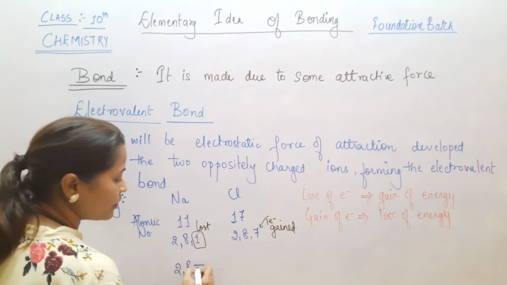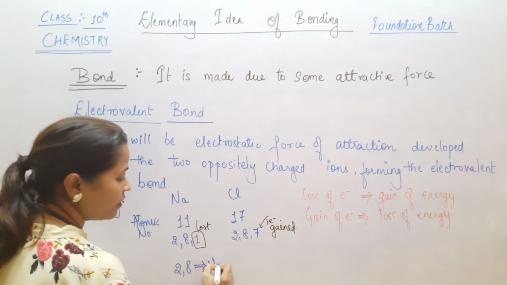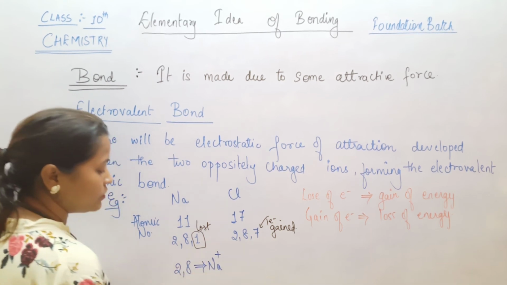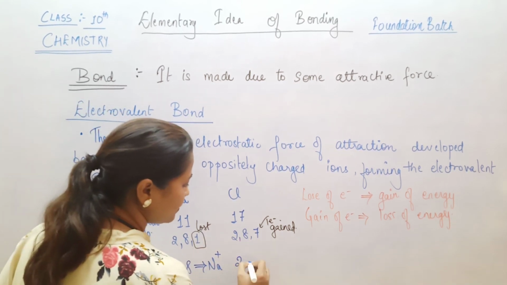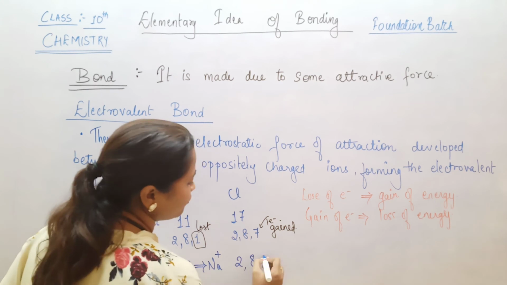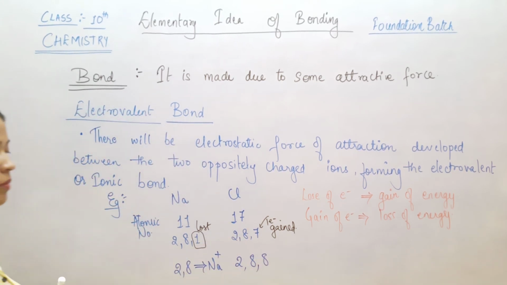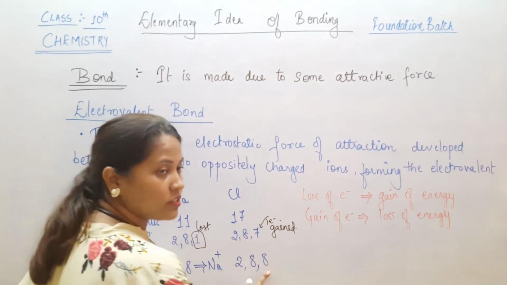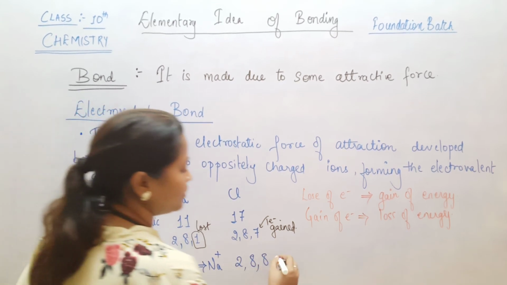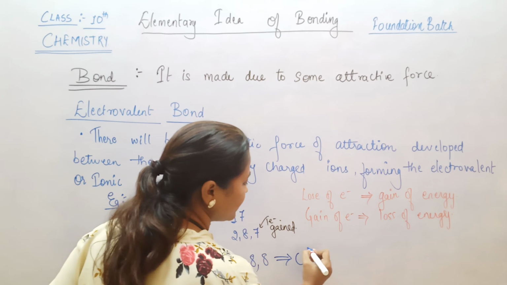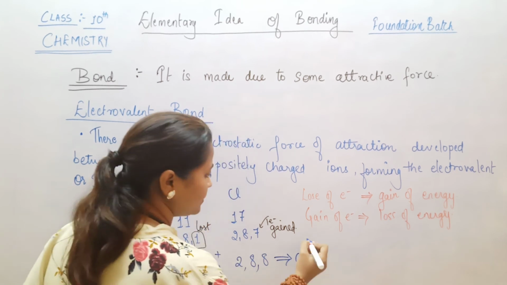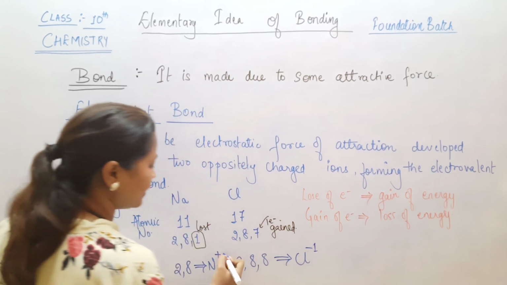So in this configuration sodium will acquire a single positive charge, whereas here one electron gain, so configuration becomes 2,8,8, and due to one extra electron, ठीक है, the charge on chlorine here will be -1. ठीक है, because एक ही चार्ज ज़्यादा है ना.